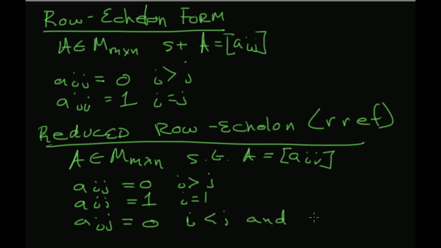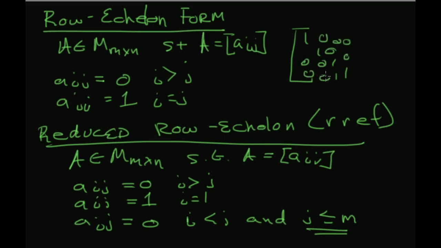And there's an important and here, and j is less than or equal to m. So within the main part, the non-augmented part of the matrix, basically we just have ones down the diagonal and zeros everywhere else. Now, when you add the augment, there's something going on here, and we'll look at what that is.